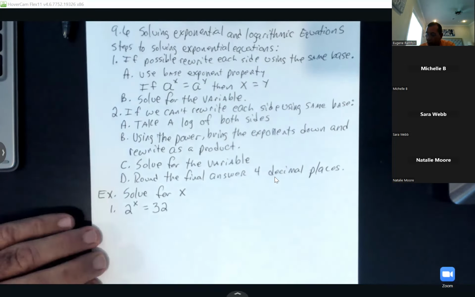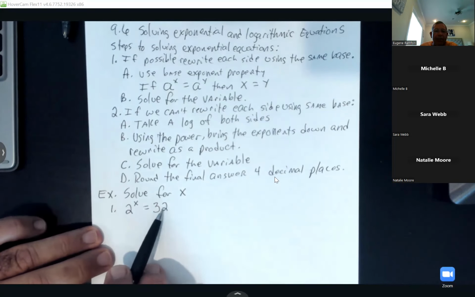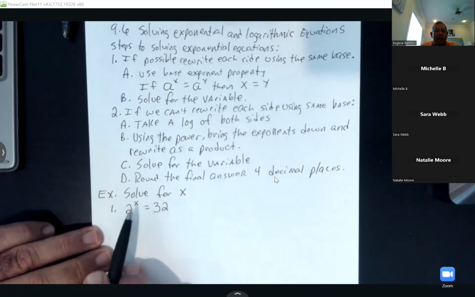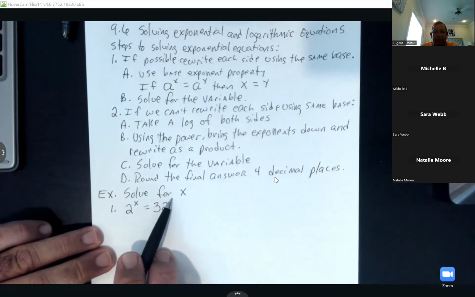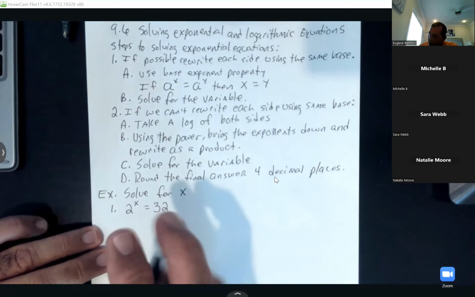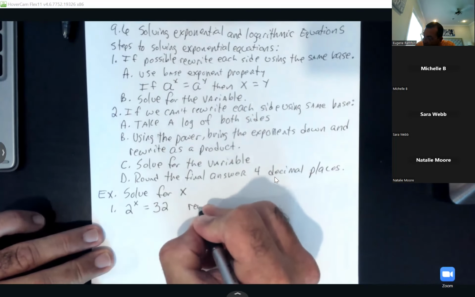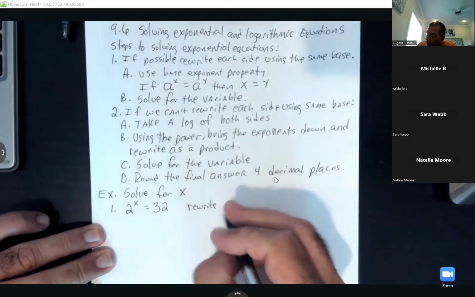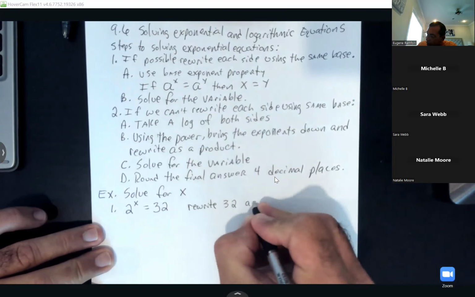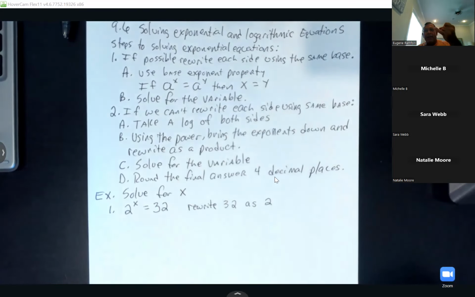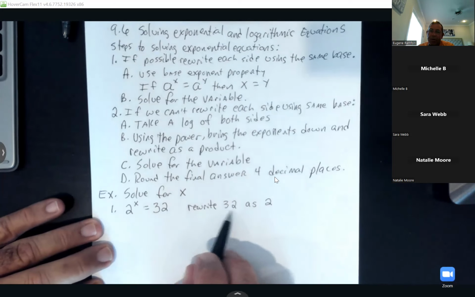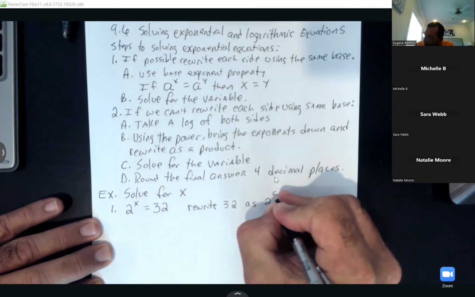So what I really want to know is, can I rewrite 32 as a 2 to an exponent? We can definitely. So let's see, we got 2 times 2 is 4, times 2 is 8, times 2 is 16, times 2 is 32. I did that 5 times. So I'm going to rewrite the 32 as 2 to the 5th power.